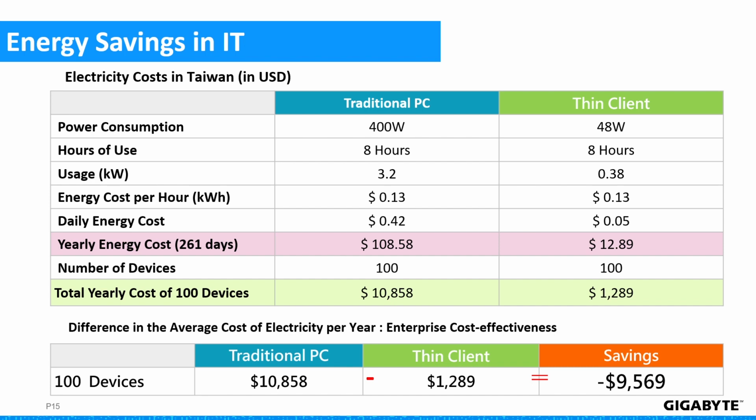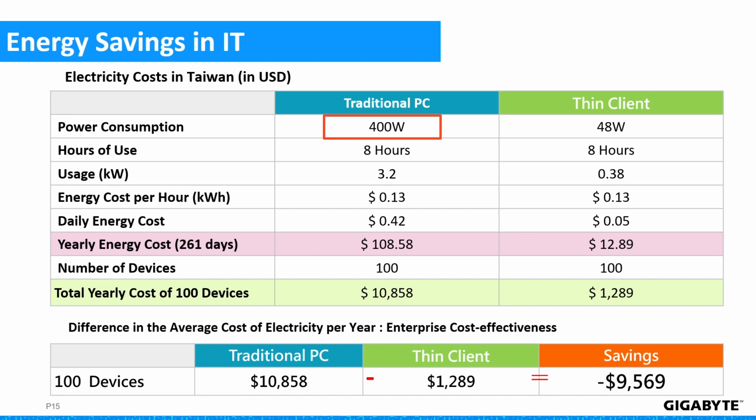Okay, so we're going to compare the cost of power for 2 users that use the devices for 8 hours per workday and 261 days per year. Why? I'm trying to compare a typical user that works around 50 weeks a year at 40 hours a week.